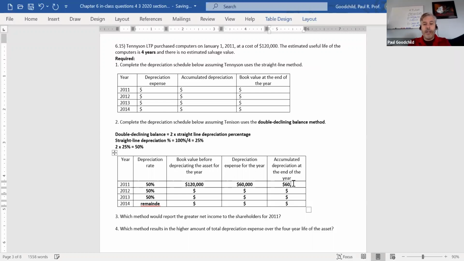Accumulated depreciation at the end of the year, 60,000. Now my new book value is going to be 120,000 minus the 60,000. And so it's going to be 60,000. And so the depreciation expense, 50% of 60,000 is going to be 30,000.